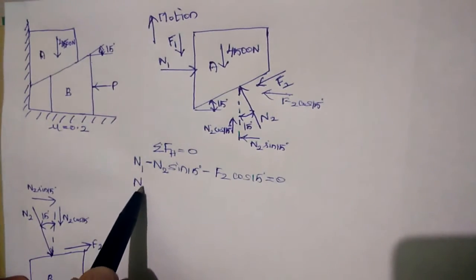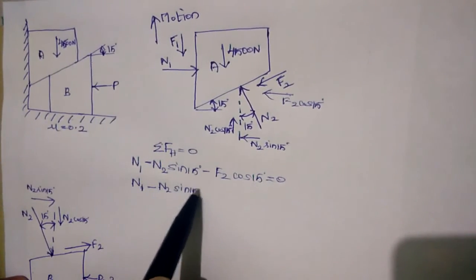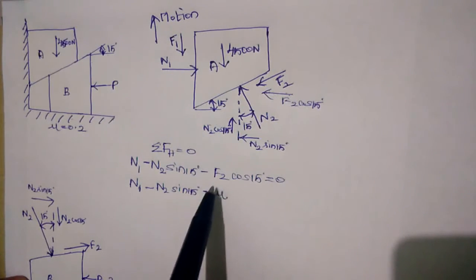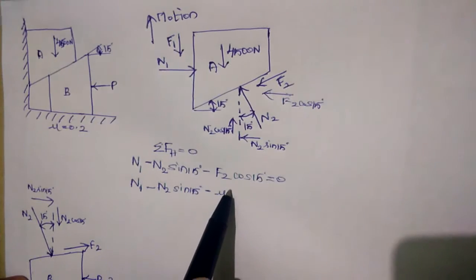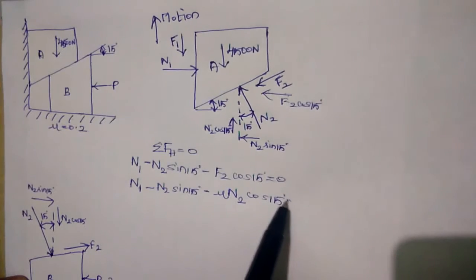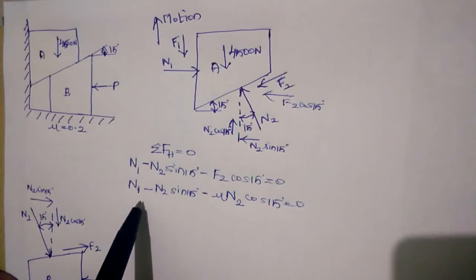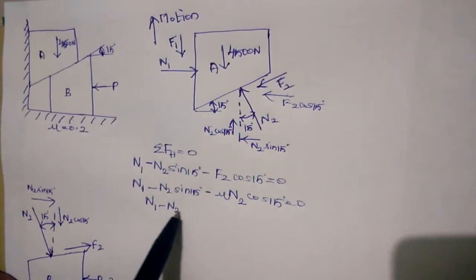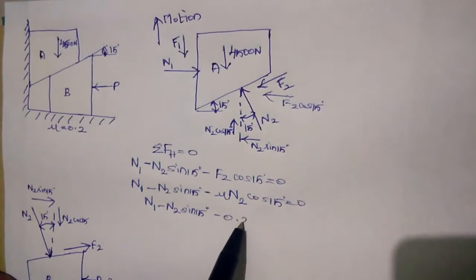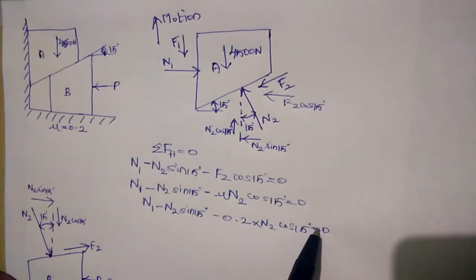Now N1 minus N2 sin 15 minus mu into F2, which can be written as coefficient of friction into normal reaction N2 into cos 15 degree, is equal to 0. N1 minus N2 sin 15 degree minus 0.2 into N2 cos 15 degree is equal to 0.